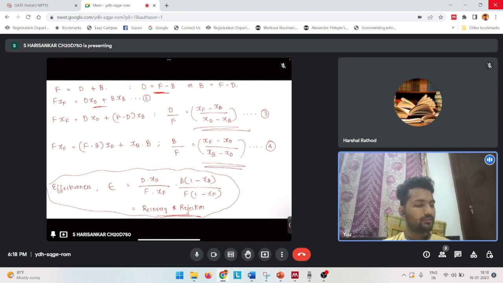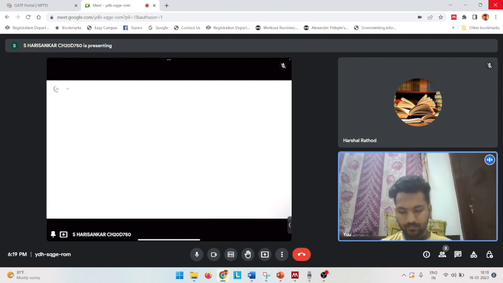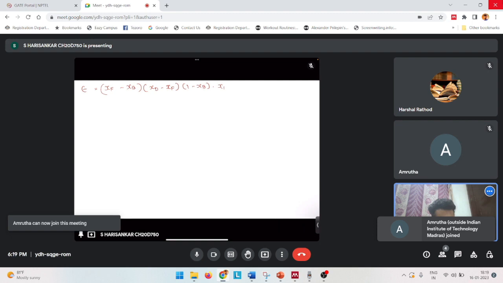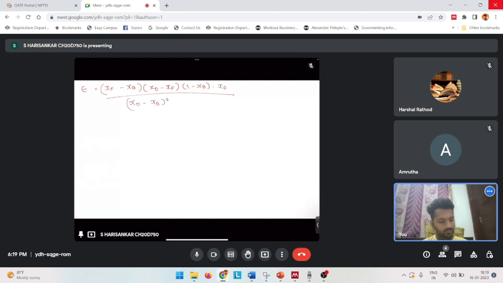So if we apply the mass balance equations 3 and 4, we get epsilon is equal to (xf minus xb) into (xd minus xf) into (1 minus xb) into xd, by (xd minus xb) the whole square into (1 minus xf) into xf.